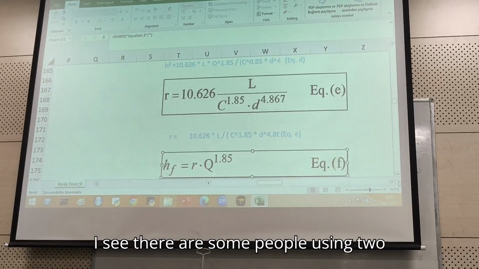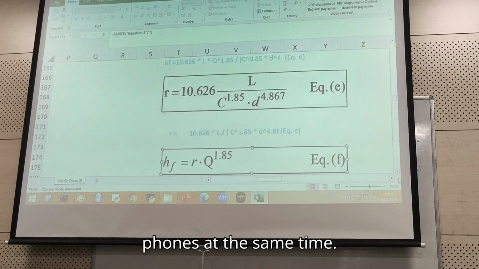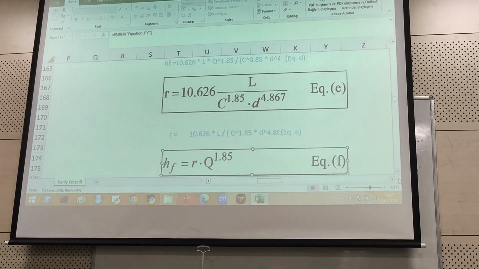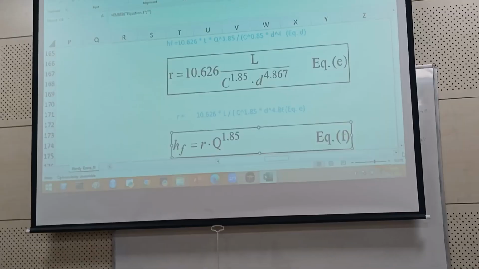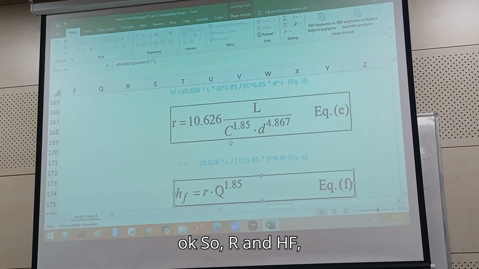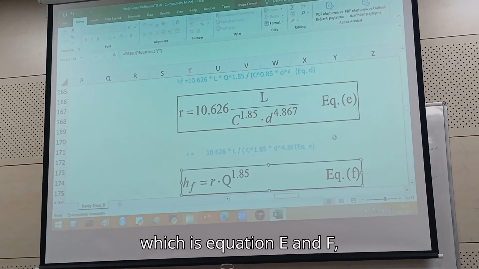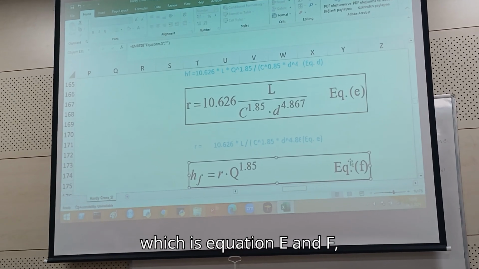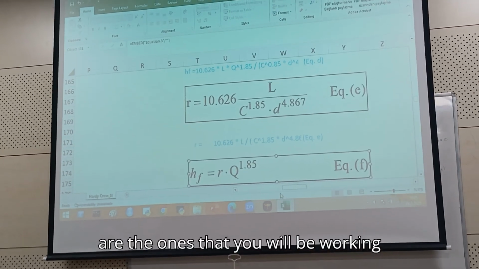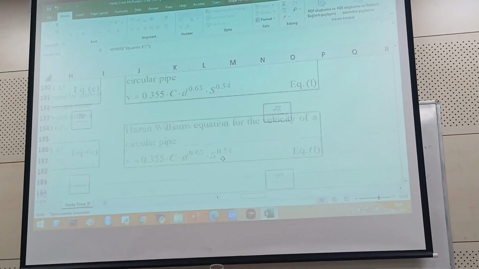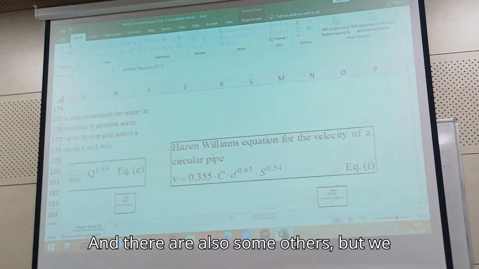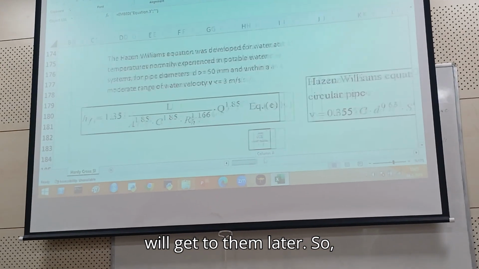I see there are some people using two phones at the same time. Okay. So R and HF, which are equations E and F, are the ones that you will be working with most of the time. Okay? And there are also some others, but we will get to them later.